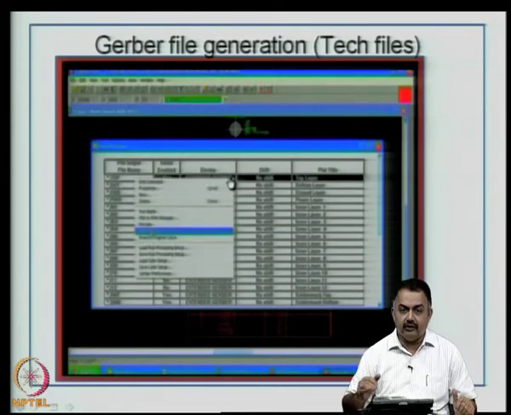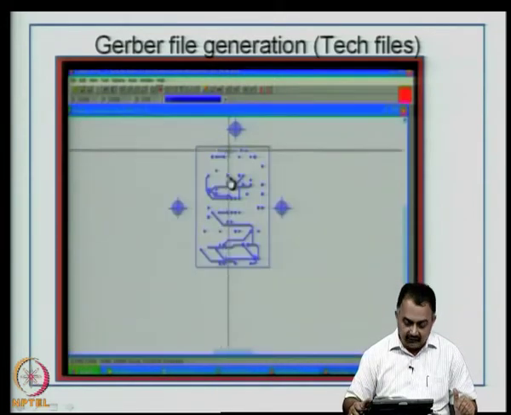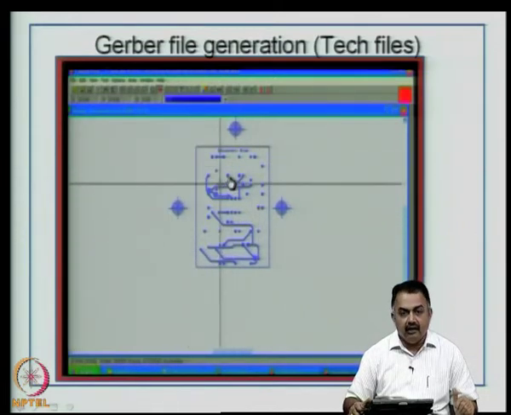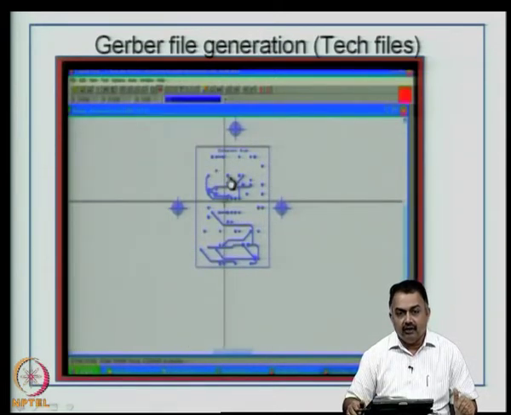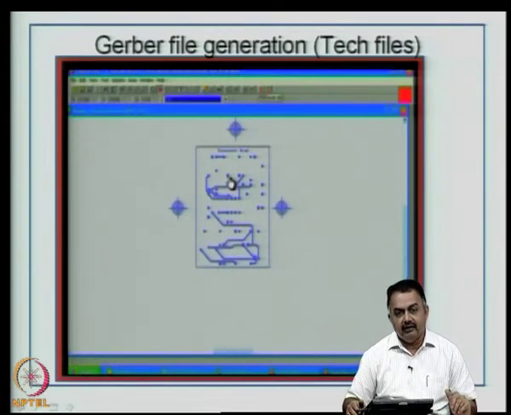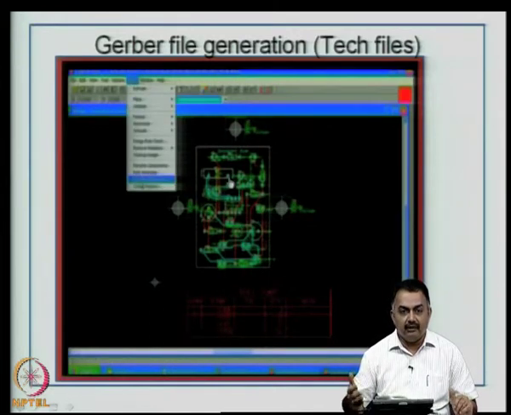Now, you can also create a drill file from this post processing activity. So, for example, what you are seeing on screen is the photo plot of a single electrical layer, component side electrical layer, which will be sent to the photo plotting person who will plot this on a silver halide film and give it to you.